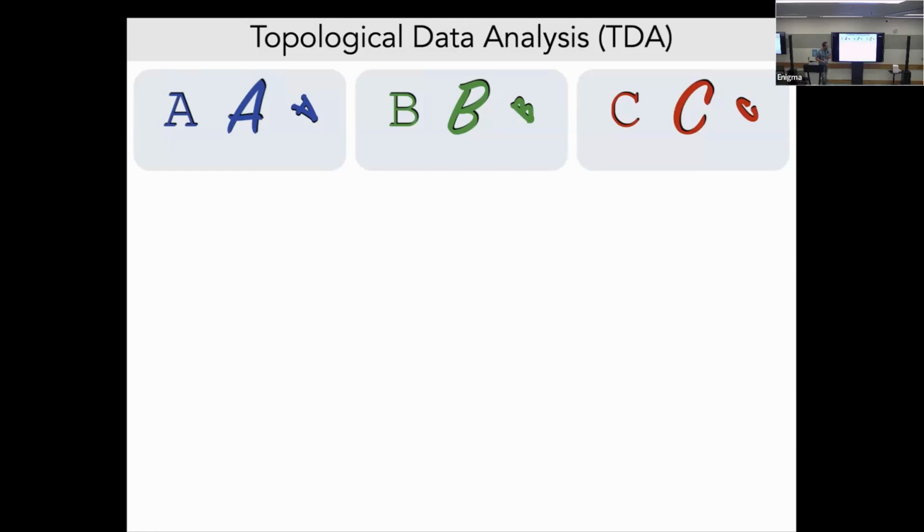The letters may come in various shapes and forms and angles and styles and so on. But when you count the number of loops in each picture, the letter A always has one loop, the letter B has two loops, the letter C has none. So just this simple descriptor, which you can think of as a topological descriptor, gives you an immediate answer, which is quite simple. And that's the idea behind topological data analysis.